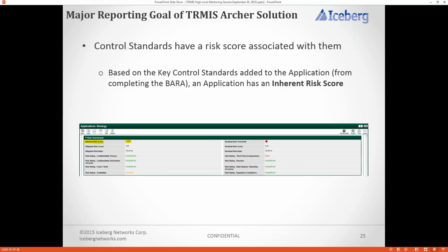So you do the BARA. You get the data feeds that attach control standards to the application. The control standards each have a score associated with them. I think the maximum is 1,000. Oh no, it's 100. The control standards are where you get your inherent risk score from. I think the maximum is 500.